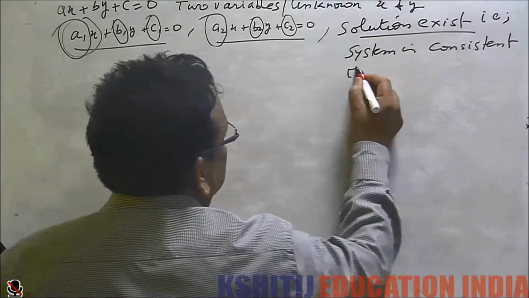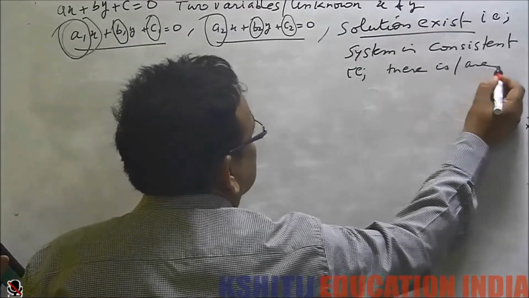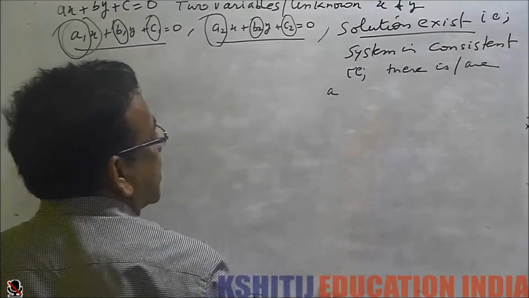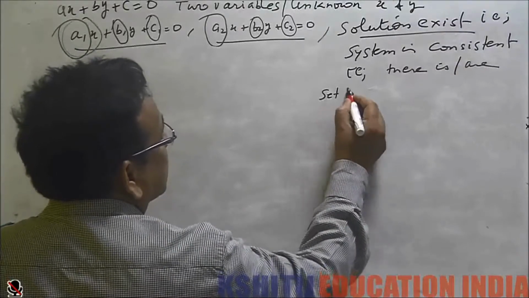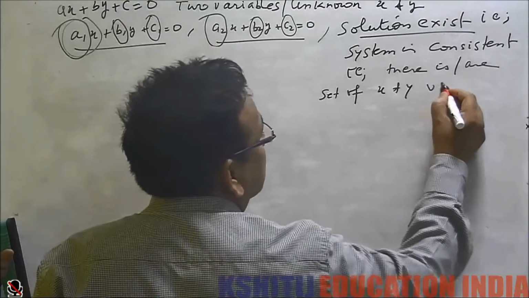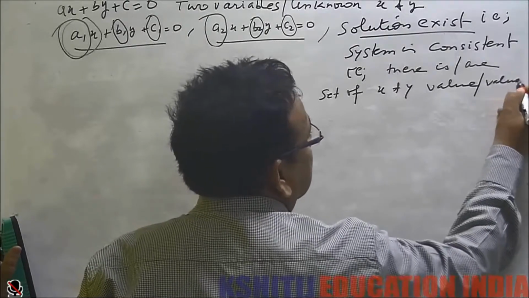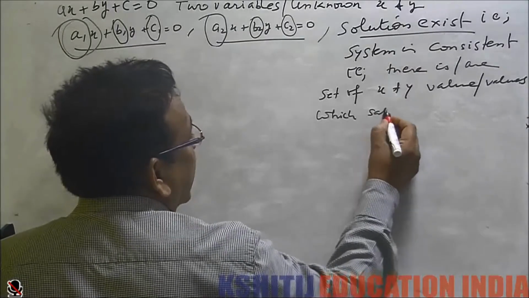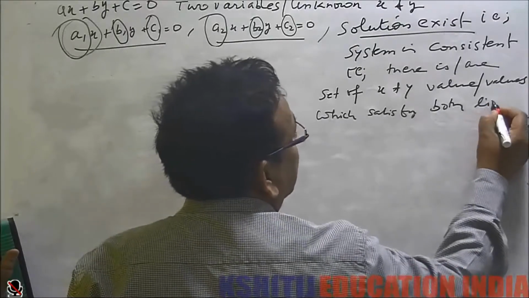That is, there is or are a set of x and y values which satisfy both linear equations.